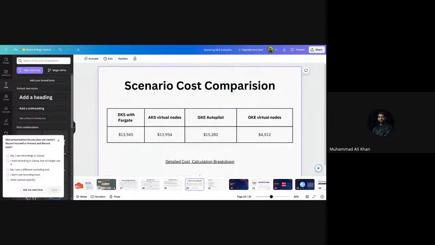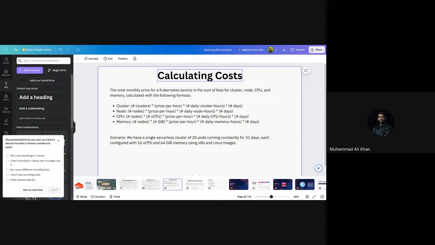GKE Autopilot, AKS virtual node, and EKS Fargate will fairly be equal in pricing, and GKE Autopilot will cost you 15K for running 20 pods for 31 days on 16 vCPU and 64 GB memory.